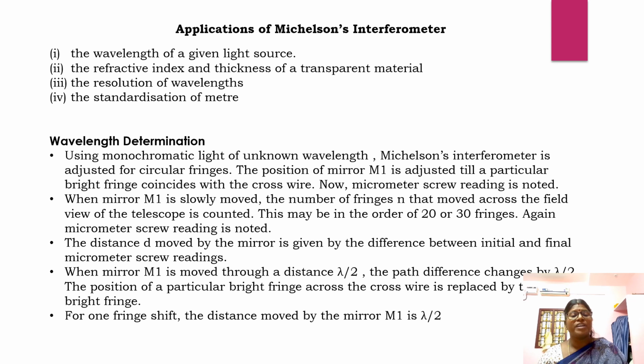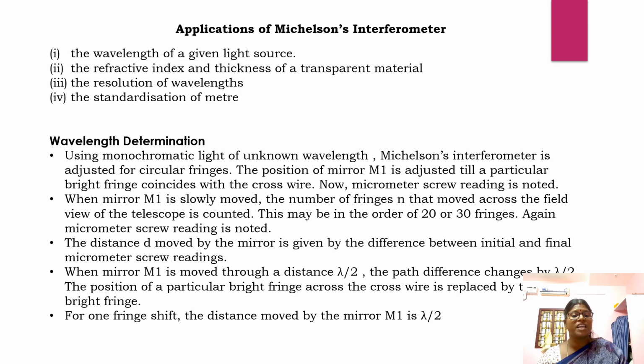When the mirror M1 is slowly moved, the number of fringes, denoted N, that move across the field of view of the telescope is counted. This may be of the order of 20, 30 fringes, etc. Again the micrometer screw reading is noted.